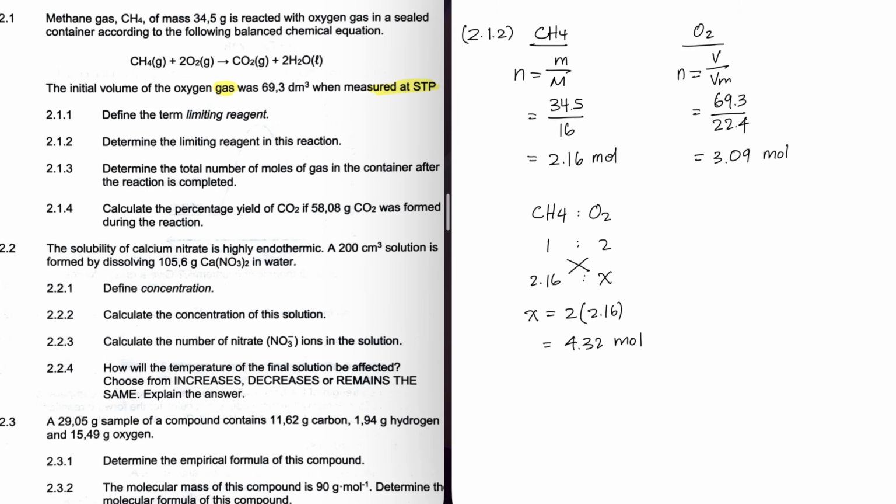Now this is the moles that's needed. This is the moles that we have. So we need more than we have. So from this we can conclude that the O2 is limiting. It is going to get finished sooner.